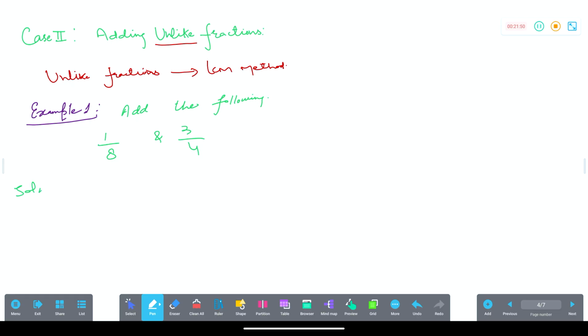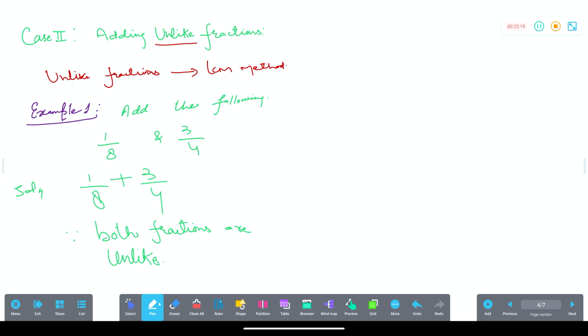So I am writing 1/8. I have to add it with 3/4. Since both fractions are unlike, we can't add them.